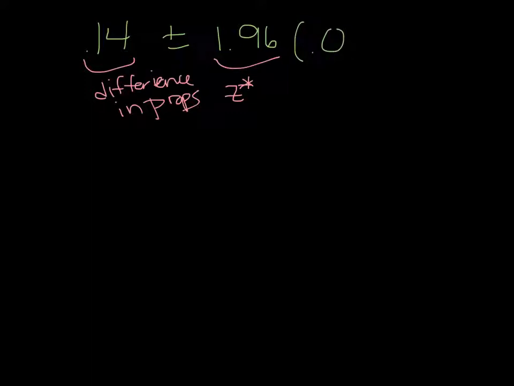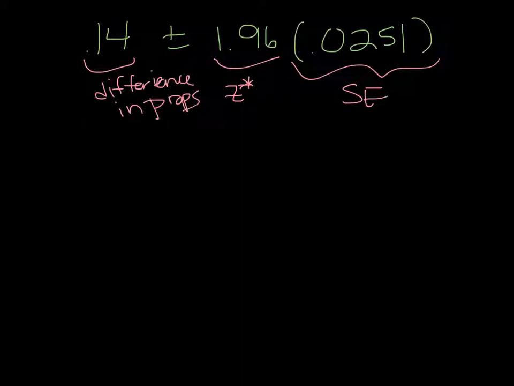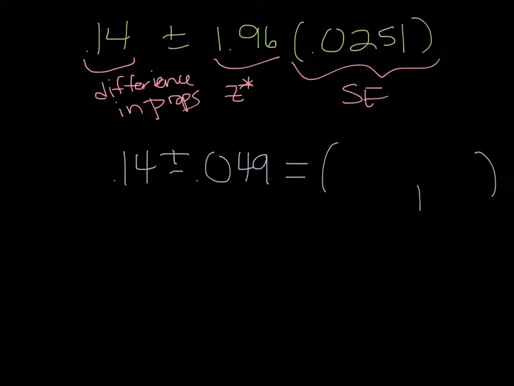It was 0.0251. And when you work this out, you'll find that you get 0.14 plus or minus 0.049, which I'm going to rewrite as an interval, and that gives me 0.091 to 0.189.